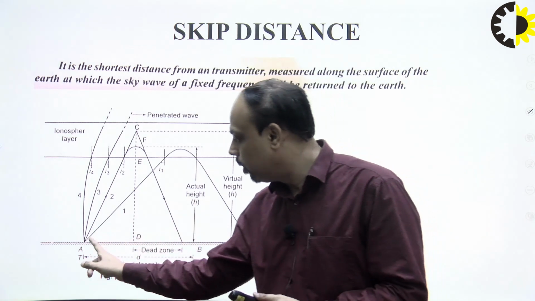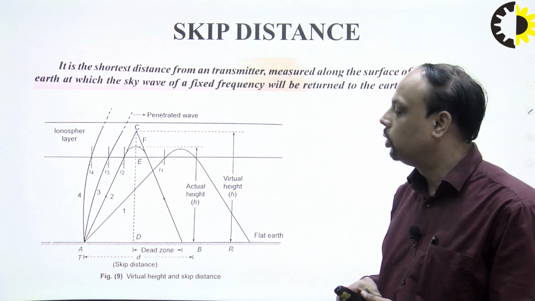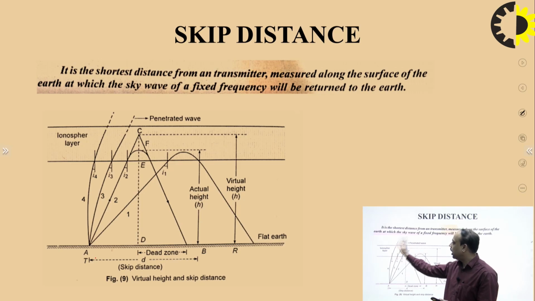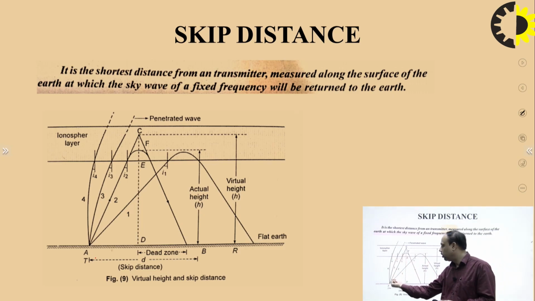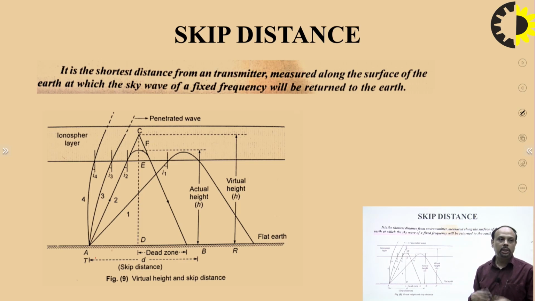In the case of ray number 4, when it is incident at angle I4, the incident angle is so high that the wave is not reflected by the ionosphere, but penetrates it and goes into space. If we decrease the incident angle, like for wave number 3, it gets partly reflected, but not enough for total internal reflection, and the wave penetrates into space as well.